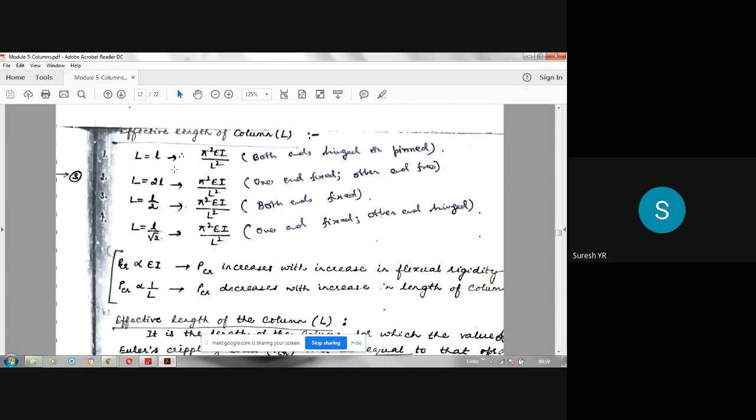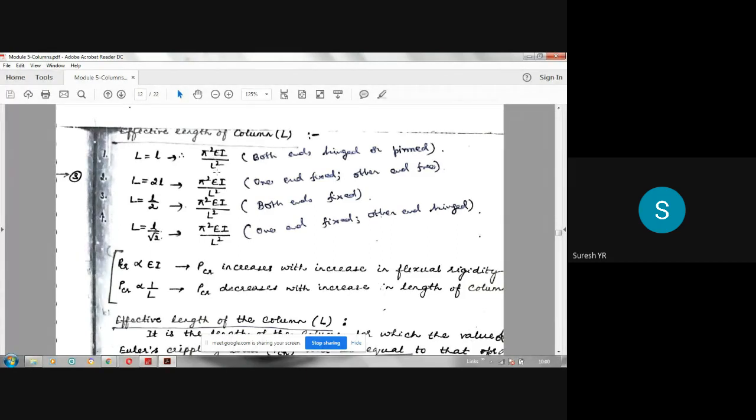Now if you observe here, in all the cases, your crippling load PCR is directly proportional to EI. That means EI is called the flexural rigidity of the column, the product of Young's modulus and the moment of inertia. So here, Euler's crippling load is directly proportional to flexural rigidity, E into I, because it is there in the numerator.